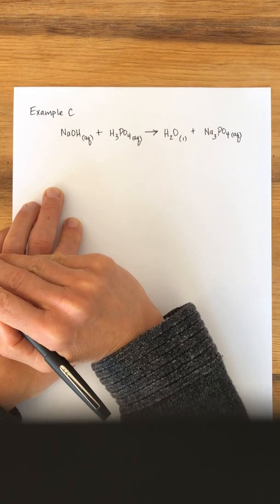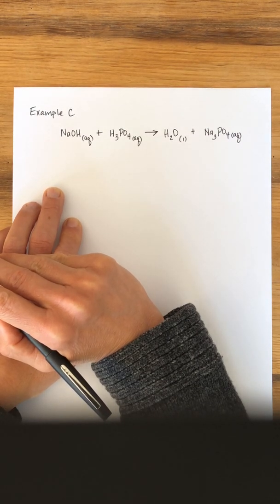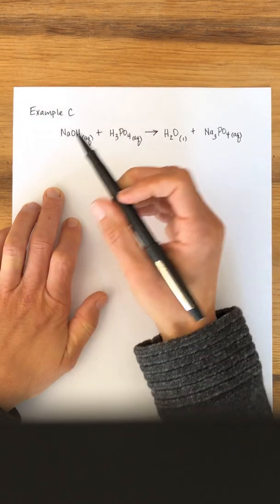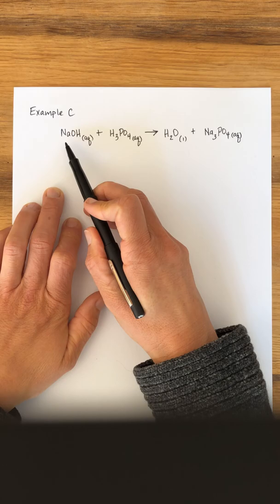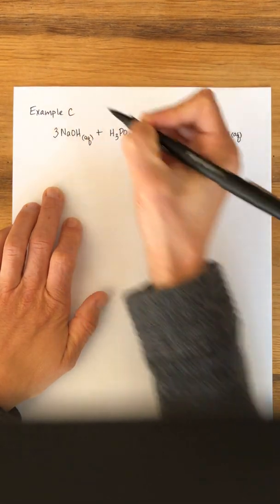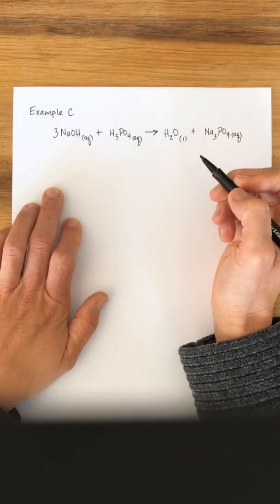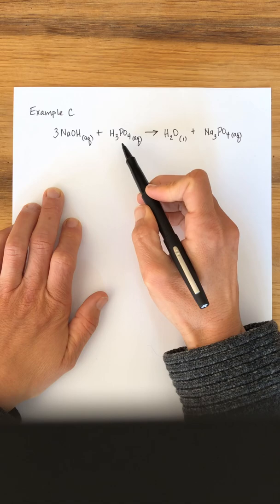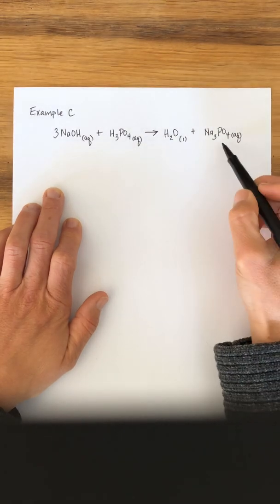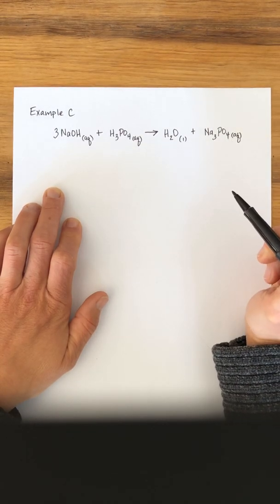Remember, we always start with every chemical other than carbon, hydrogen, and oxygen. So I'm going to start with the sodium. I see that I have 1 sodium here, 3 sodiums there. I'm going to place a 3 in front here, so we have 3 sodiums going into the reaction. Next, I'll be looking at the phosphate. It looks like I have 1 phosphate on this end, 1 phosphate on that end. That works out fine.